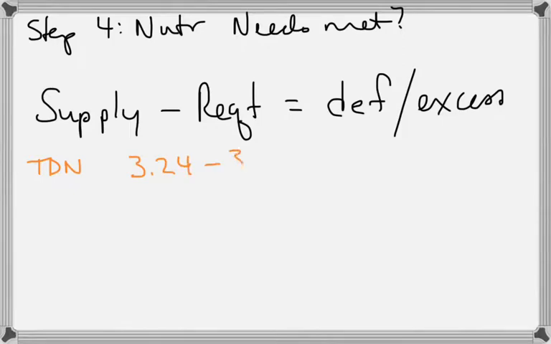The requirement was 3.90 pounds per day. Again, go back to that original table. And so what we find out is that we have a deficiency of 0.66 pounds per day. So we do have a deficiency right here of TDN. So we will need to solve for energy for this sheep.